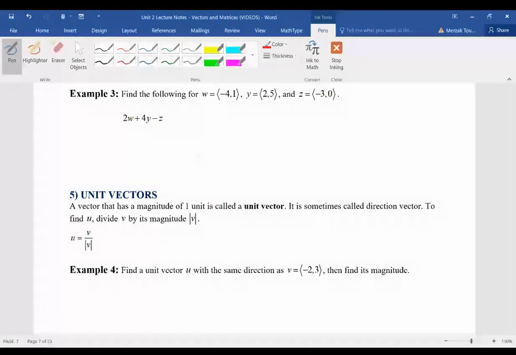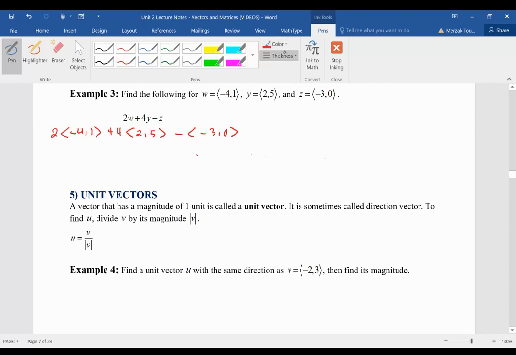So here we're going to write 2 times w. w is negative 4 comma 1, plus 4 times y, y is 2 comma 5, minus z, which is negative 3 comma 0.